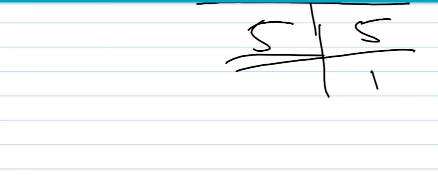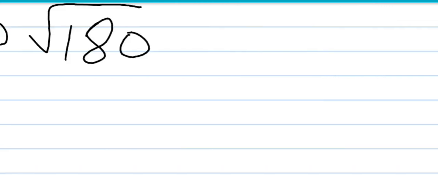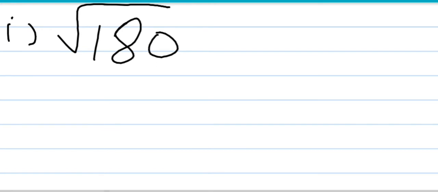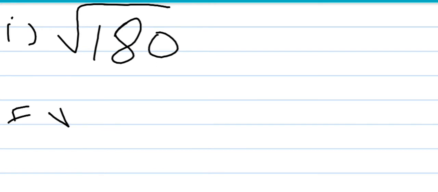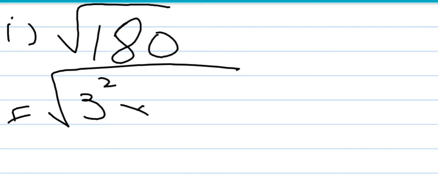So now what we will do, we'll simply put the value in the square root form. So see, under root 180 is equal to under root 3 whole square multiplied by 2 whole square multiplied by 5.